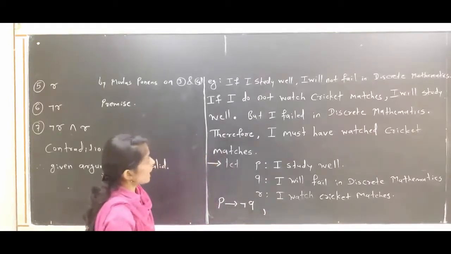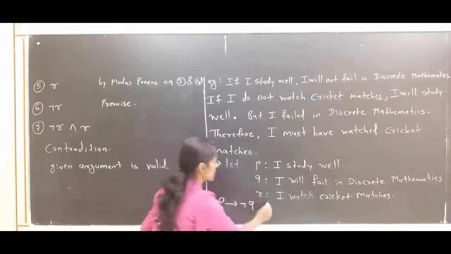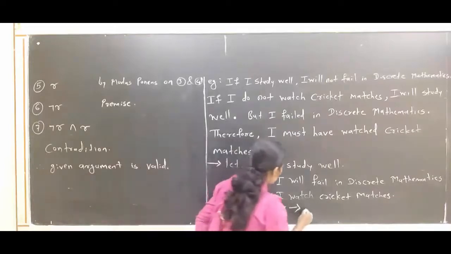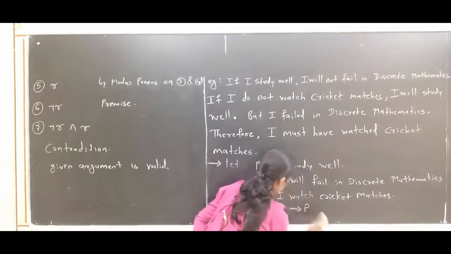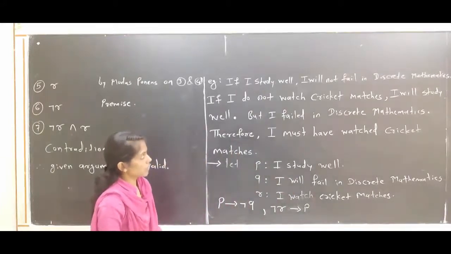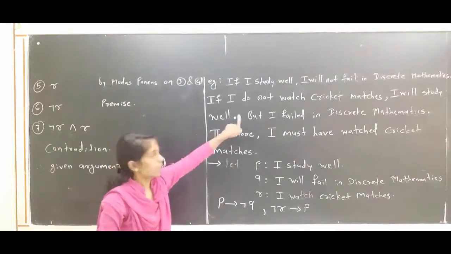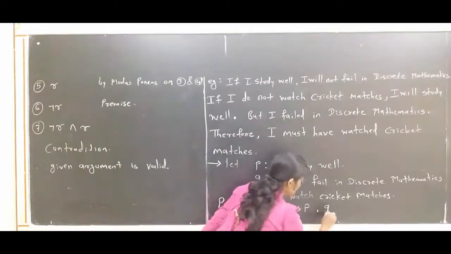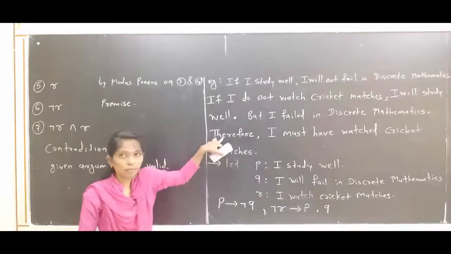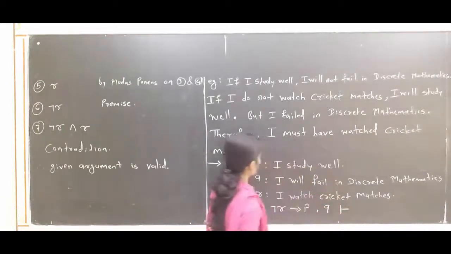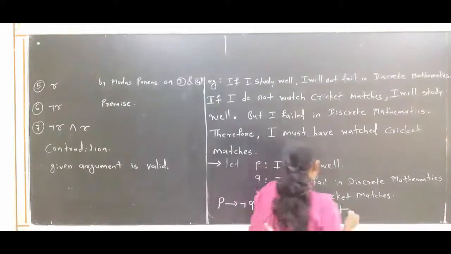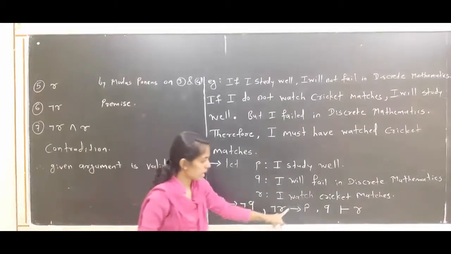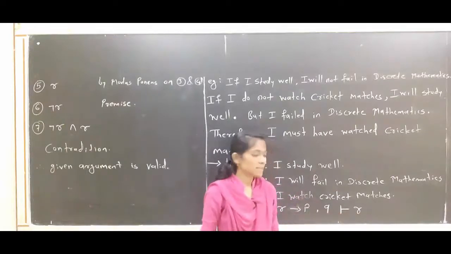Now second, if I do not watch cricket matches, that is negation R, then I will study well, that is implies P. Negation R implies P. Third statement, but I failed in discrete mathematics, so Q. Therefore, that means the conclusion, I must have watched cricket matches, conclusion R. So the argument is P implies negation Q, negation R implies P, Q, its conclusion R.